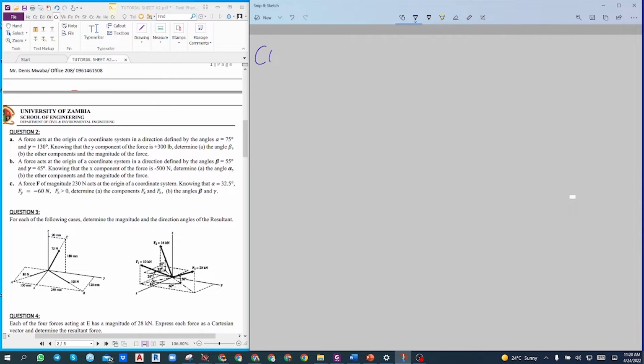So we are saying cos squared alpha plus cos squared beta plus cos squared gamma is equal to 1. This is the identity we have to use.